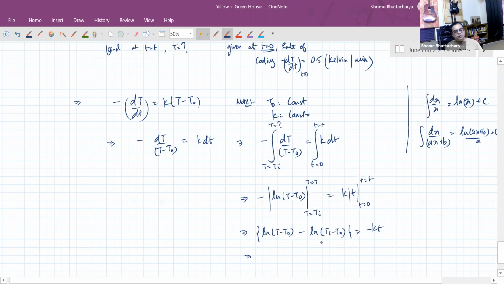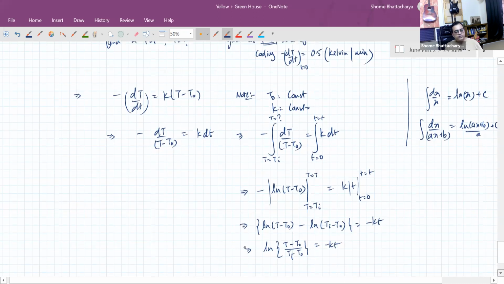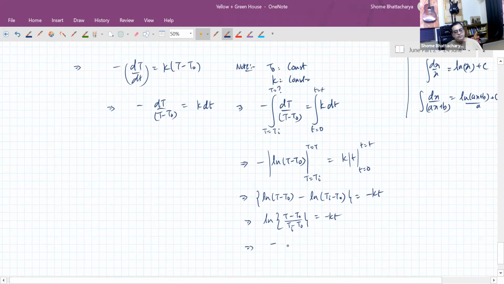Then I'll use the property of log that ln a minus ln b is ln of a by b. It becomes this. Then we can take the exponential, because we are finding out temperature as a function of time.